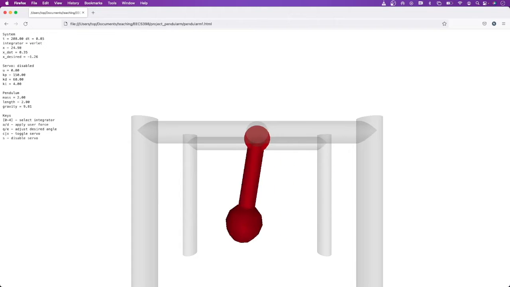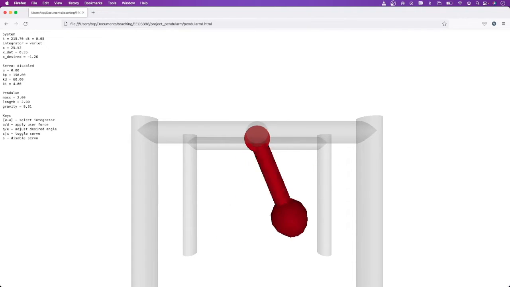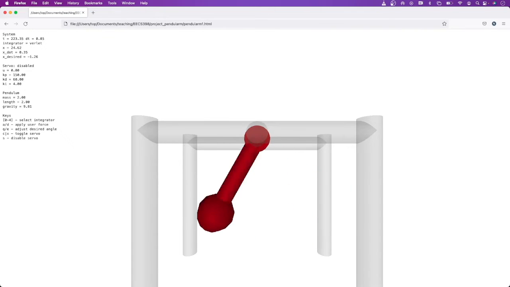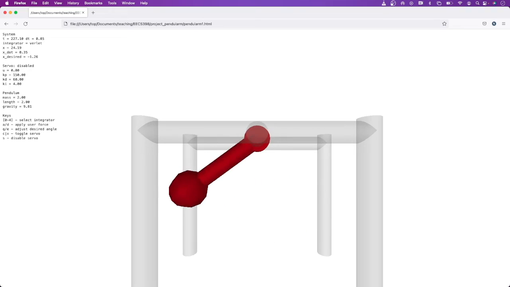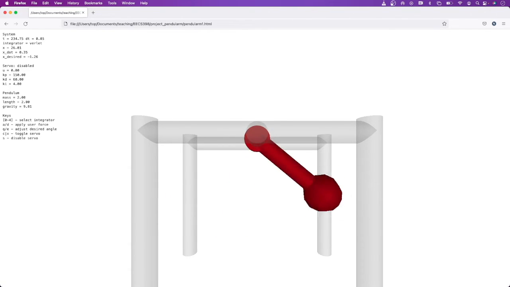But those terms in total are being conserved, so the pendulum doesn't devolve into that unstable behavior. And so this is great, right? In this case, the Verlet integration has improved our simulator's performance, which is going to be key for our robot.